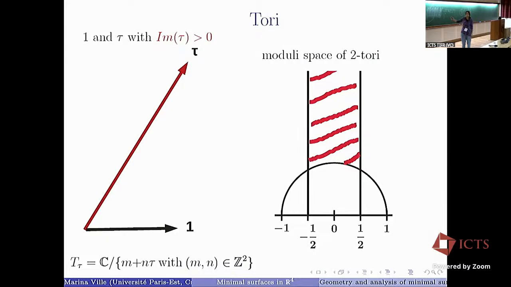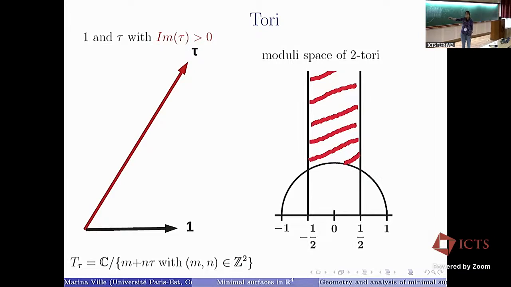Just to set the notations, a torus is a quotient of the complex plane by a lattice. So the lattice, we normalize one quantity to one, and the other one is tau. And so tau with strictly positive imaginary part.